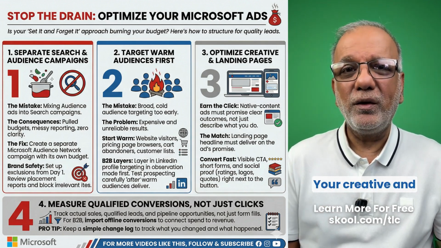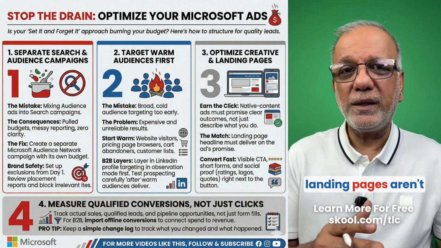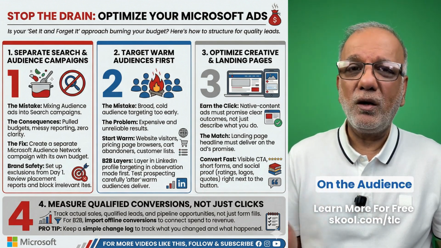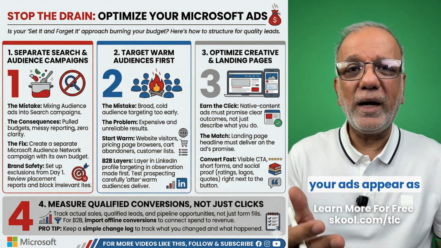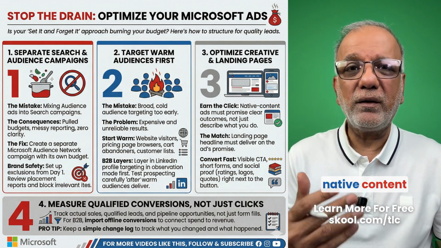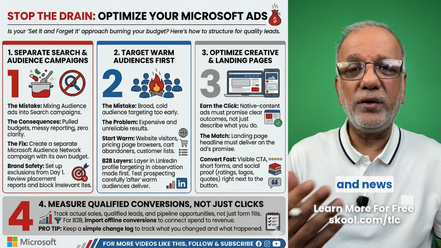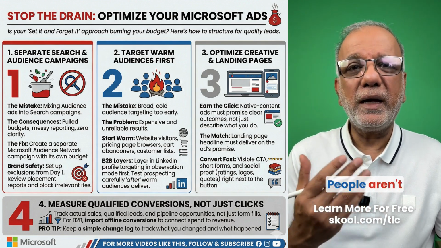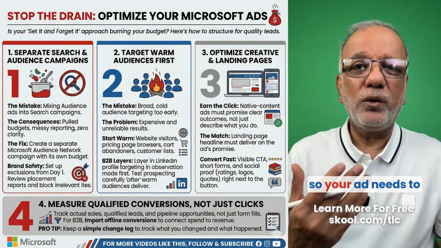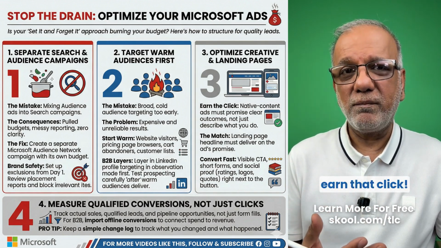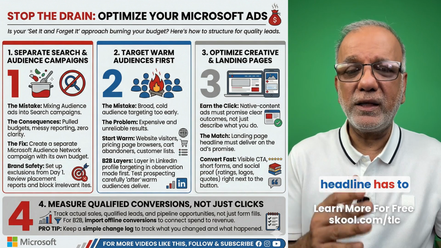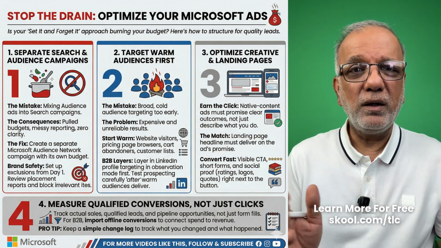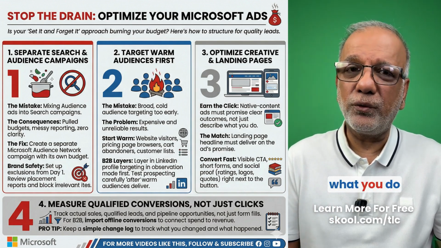Point number three, your creative and landing pages aren't doing the job. On the audience network, your ads appear as native content alongside articles and news. People aren't actively searching for you, so your ad needs to earn that click. That means your headline has to promise a clear outcome, not just describe what you do.